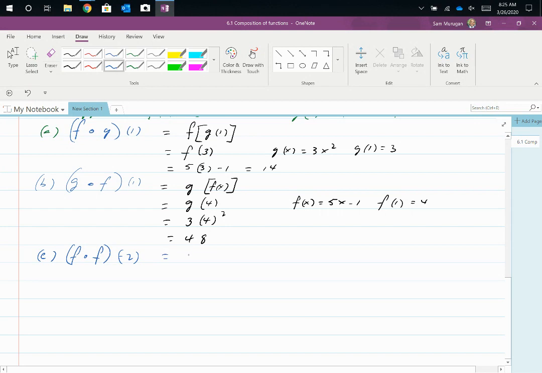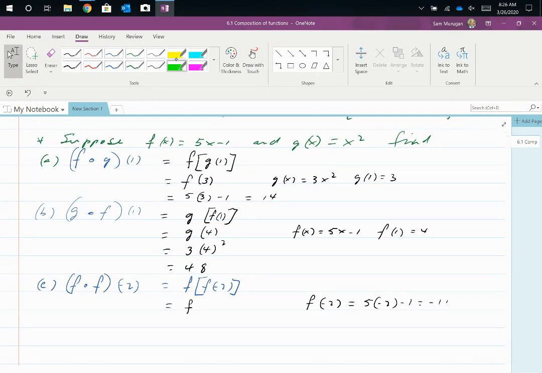What we have happening here is the f function substituted with f of -2. So we need to find f of -2. Substituting into the original f function, this is 5 times -2 minus 1, which is -11.